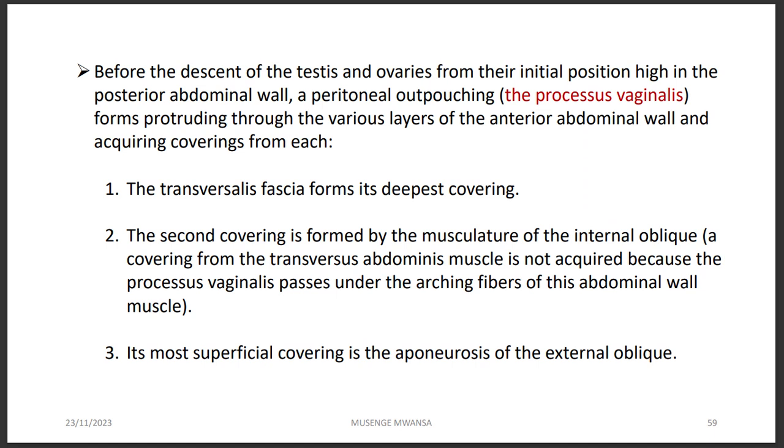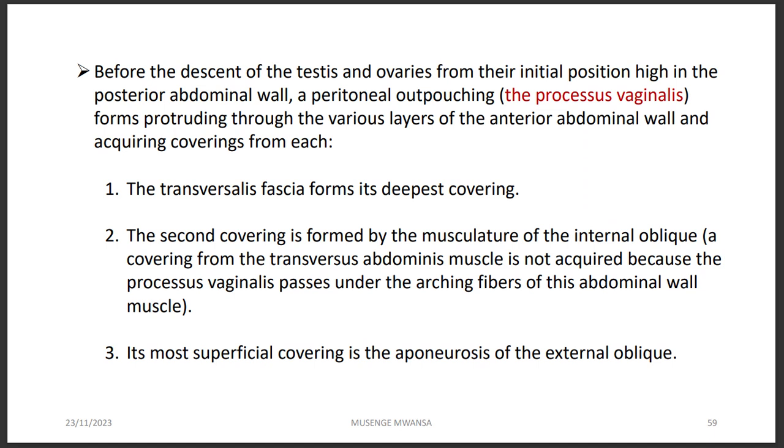Those different layers of muscles are the internal oblique, the external oblique, and the transversus abdominis. All these layers of muscles and fascias will become the layers which cover the processus vaginalis, which is an outpocketing, as it moves down from the upper portion where it is.